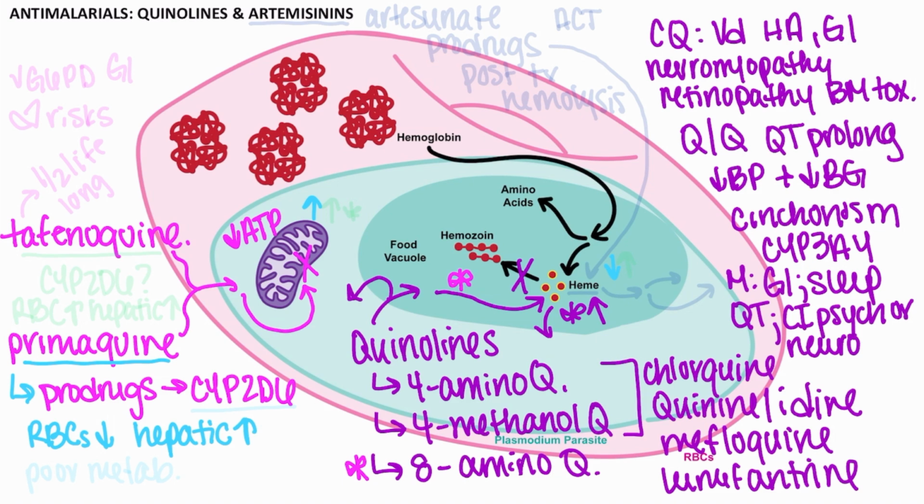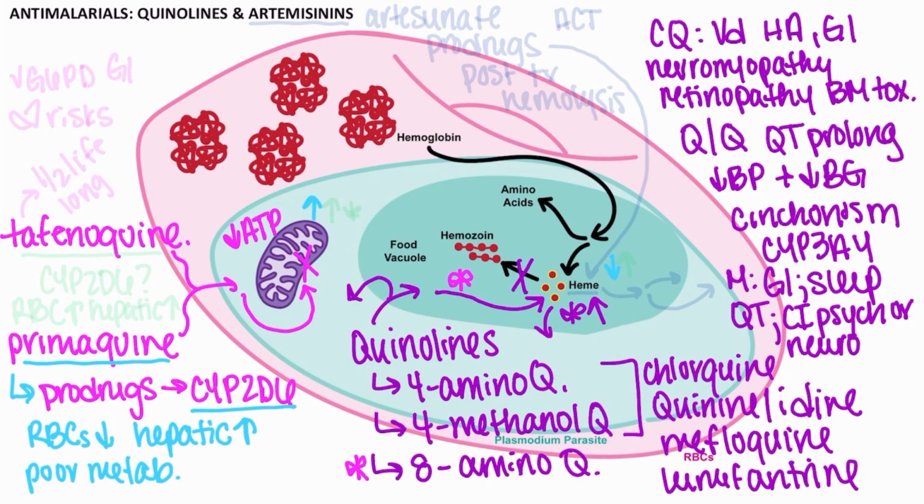For instance, it is able to target those hypnozoites, where that CYP2D6 conversion would actually happen, right, in the liver. And we also know that individuals that are poor metabolizers for CYP2D6 have been shown to have a higher risk of therapy failure with primaquine.